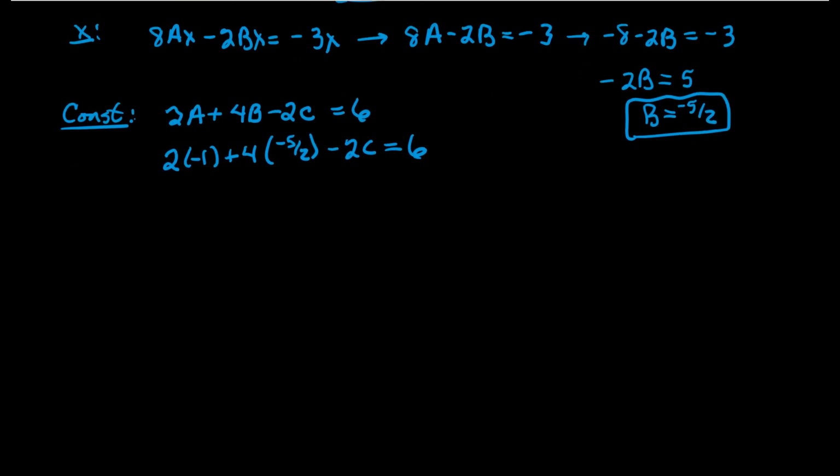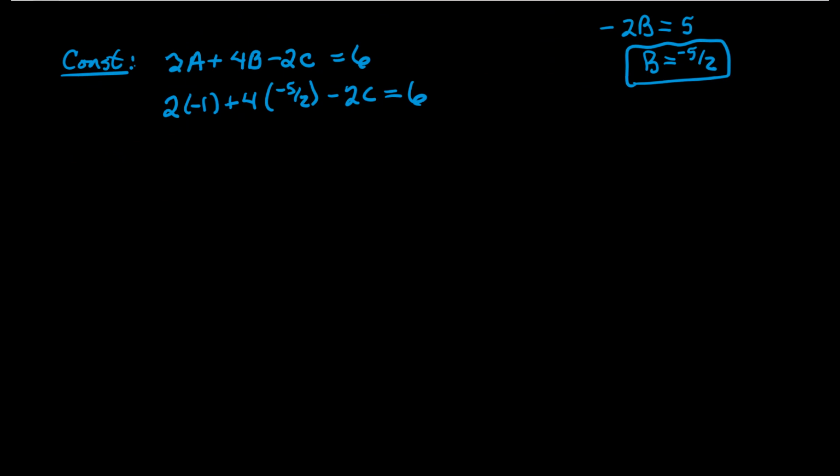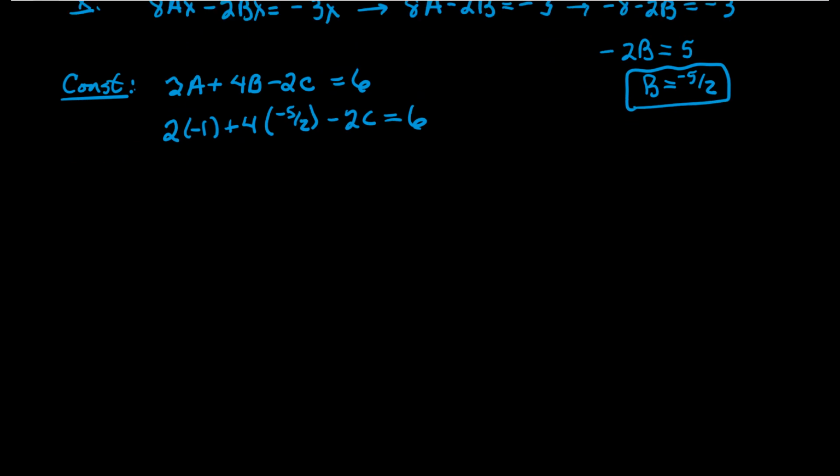All right, when you work through all the arithmetic on this, the left-hand side winds up giving us a minus 12. So we're going to have to add 12 to each side, so it's going to give us a minus 2c equals 18, where c is equal to, looks like c is going to be a negative 9 in this case.